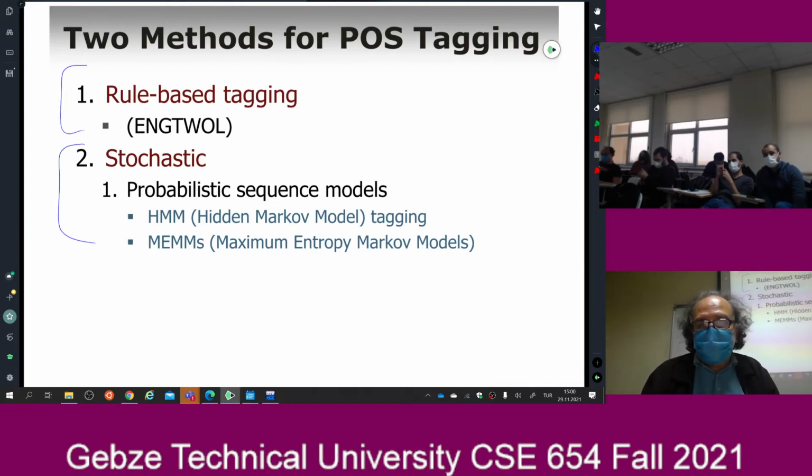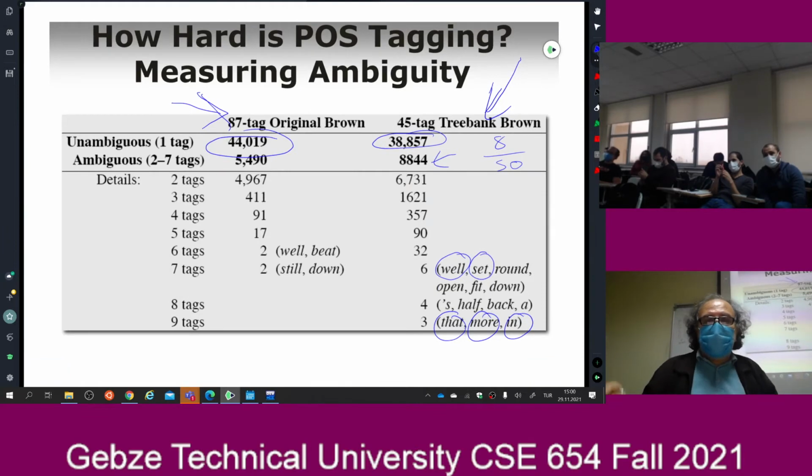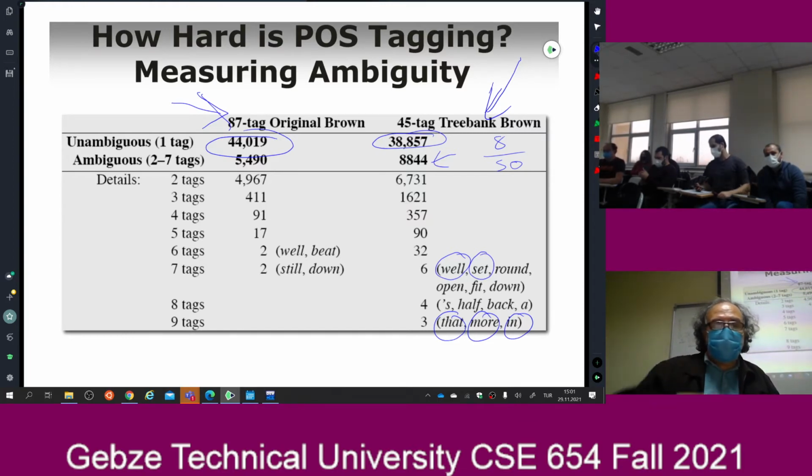And by the way, when you give, for example, a 1,000-word paragraph to an expert in this area, or give it to two experts, they agree on maybe 95% of all the tags. On 5% of the tags, they won't agree.